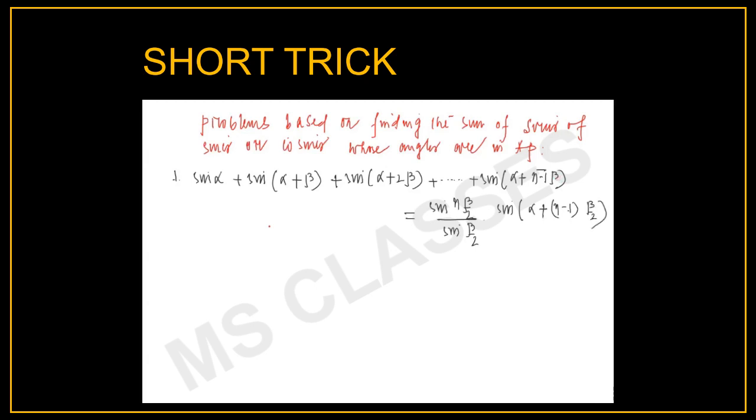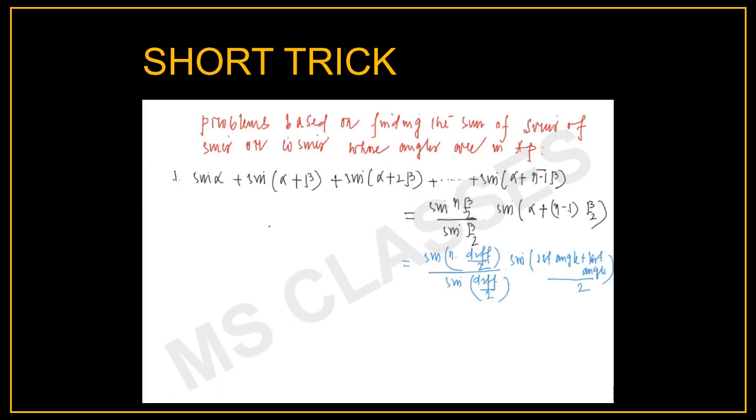Now, this format is actually sine of n into the difference between the angles by 2, whole divided by sine of difference by 2, into sine of first angle plus last angle by 2. So this is the actual logic behind this formula.